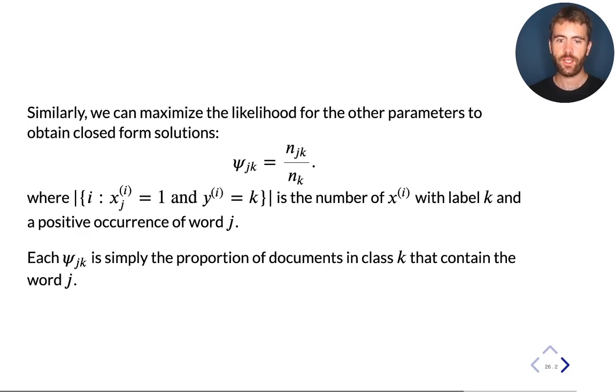We're simply estimating these parameters to their empirical frequencies in our training set. And now this gives us a closed form expression for both psi and phi. We have specified both our training objective, which was the log likelihood, and an optimization procedure, which allows us to obtain the maximum likelihood parameters for this model.